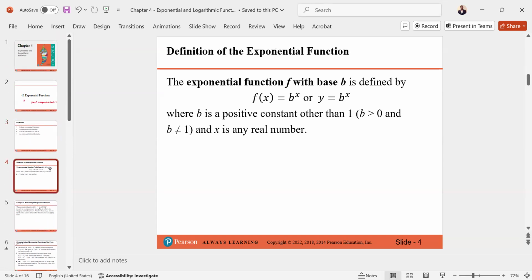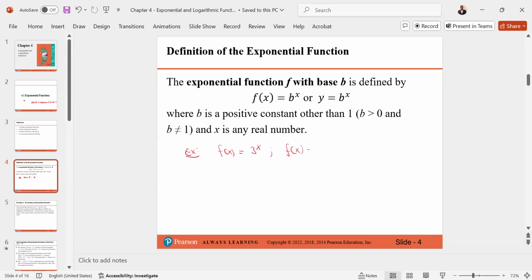with definitions. So we said that the exponential function with base b is defined as f of x equal b power x, or y equal b power x. So when we solve the equations later, you will see the big difference. As examples, we can say that f of x equal 3 power x is an exponential function.